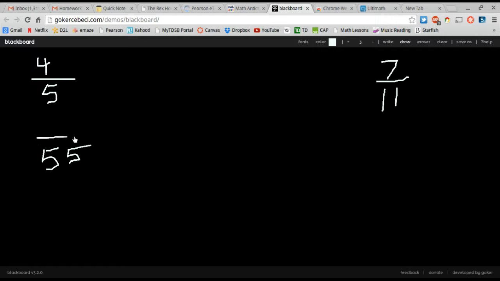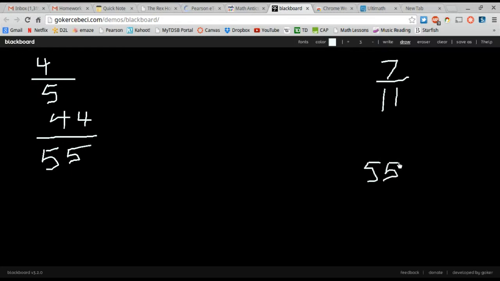Because we multiplied the bottom by 11 to get 55, we'll multiply the top by 11. So we get 44/55ths on this side. Now let's convert this to a fraction with 55 as the denominator.